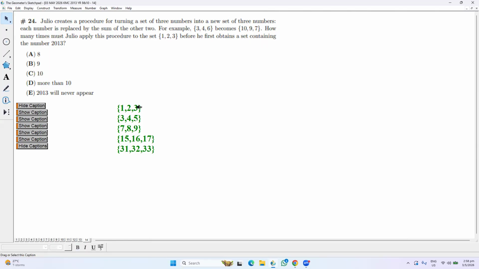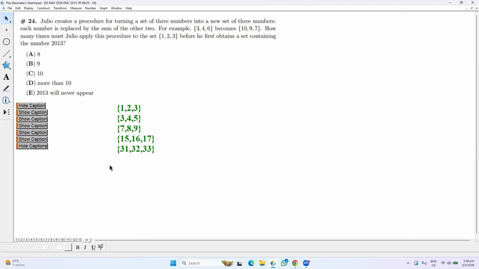If 1, 2, 3, then the smallest is 3, 4, 5. We arrange in order from smallest. 3 plus 4, 7, 3 plus 5, 8, 4 plus 5, 9, and then 15, 16, 17, 31, 32, 33.